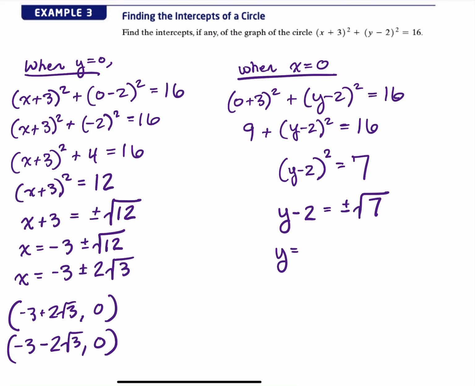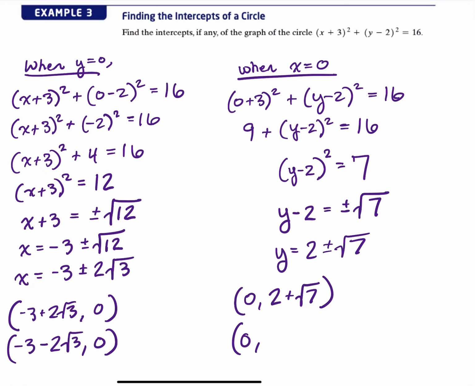So I'll move the 2 over, 2 plus or minus root 7. Square root of 7 won't reduce to anything. 7's prime. Its only factors are 1 and itself. Neither of those are perfect squares, so we'll just leave it at that. But let's describe it as points. We were saying x is 0, so our first y point would be 0, 2 plus root 7.